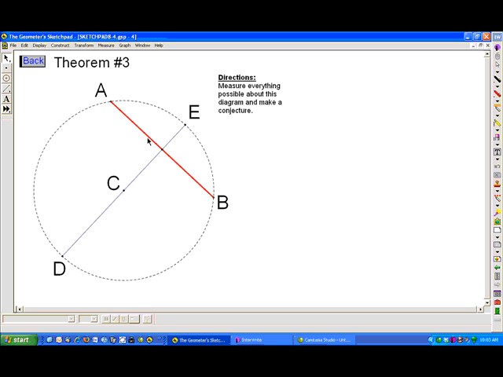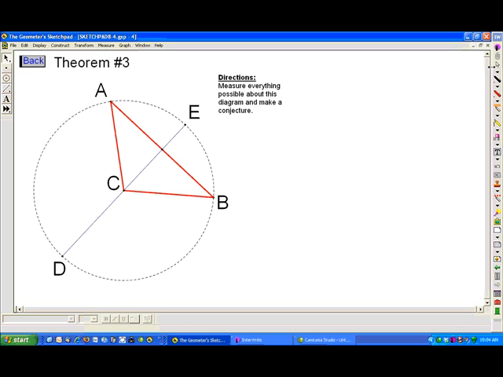Our third theorem, if I have a diameter that is perpendicular to a chord, what might be true? Well, if you're perpendicular to that chord, that means that I've created a right angle, and like I was saying before, if we create triangles with that, we create a situation in which we have two triangles with a right angle here.